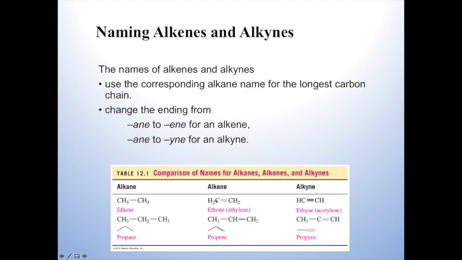The same two carbon chain with a double bond is ethene or ethylene, and the same carbon chain with a triple bond is ethyne. And then if you continue on to a three carbon chain, that is propane. If you have the same carbon chain with one double bond, that's propene. And if you have the same 3-carbon chain with one triple bond, that's propyne.